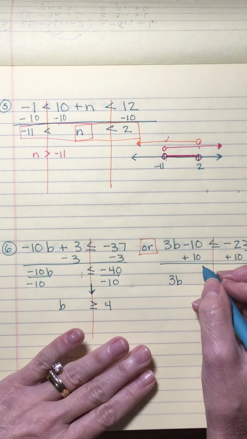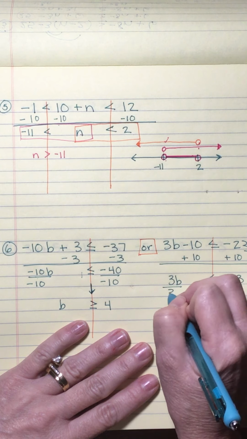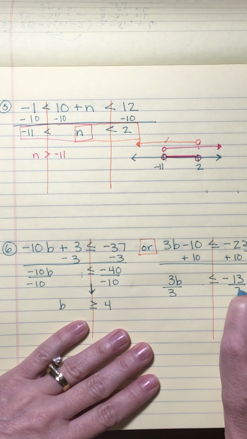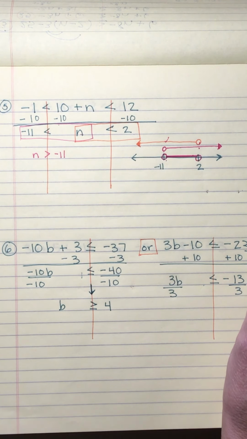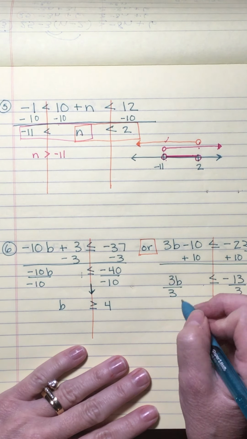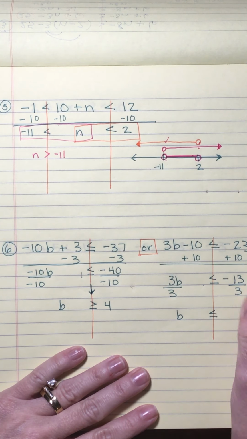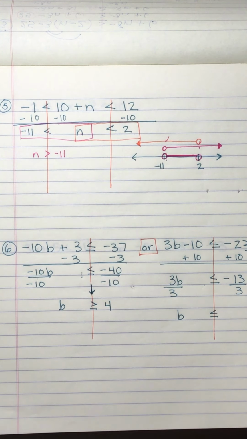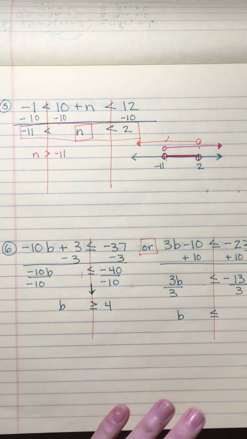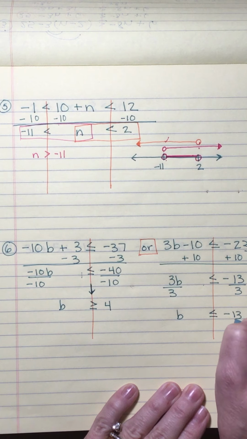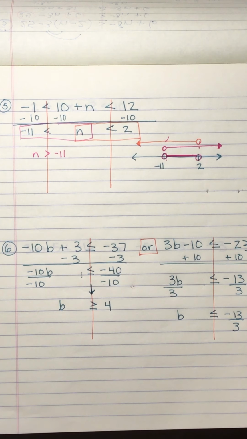Okay, and then we're going to divide both sides by 3. So we end up with b is less than or equal to, and I can't do anything with this fraction. It's in simplest form as it is, so I'm just going to write it down as it is.